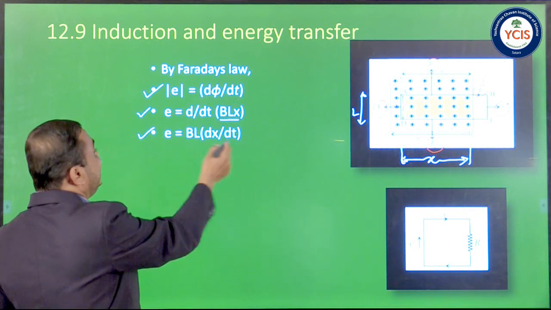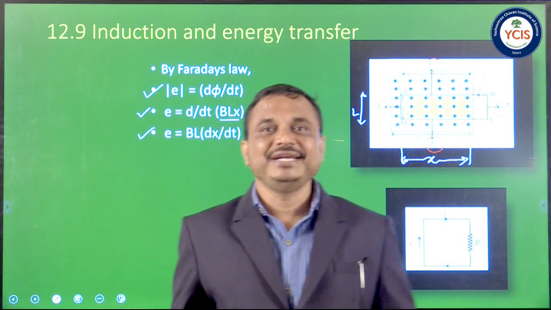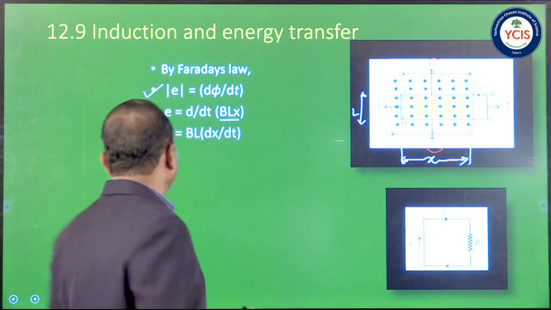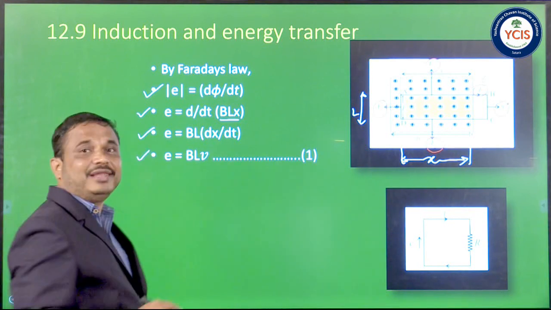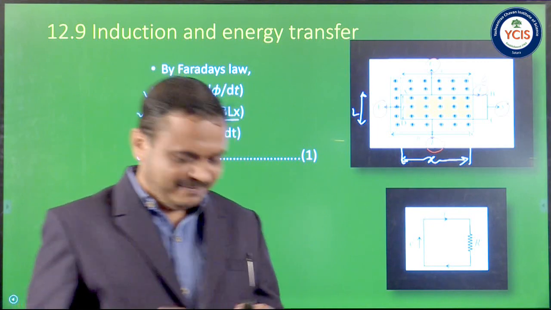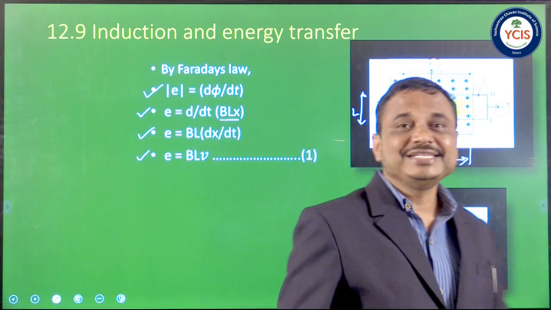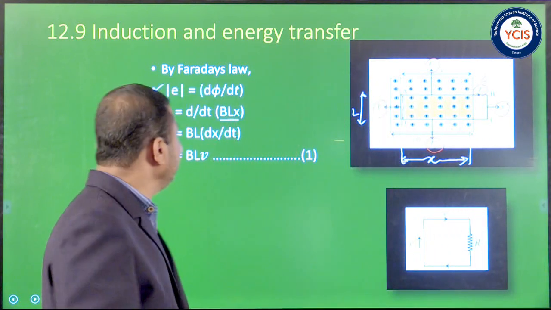We have E equal to BL times dx/dt. By definition dx/dt is the velocity, and therefore E is equal to BLv. This is the expression for the induced EMF due to the linear motion of that loop.